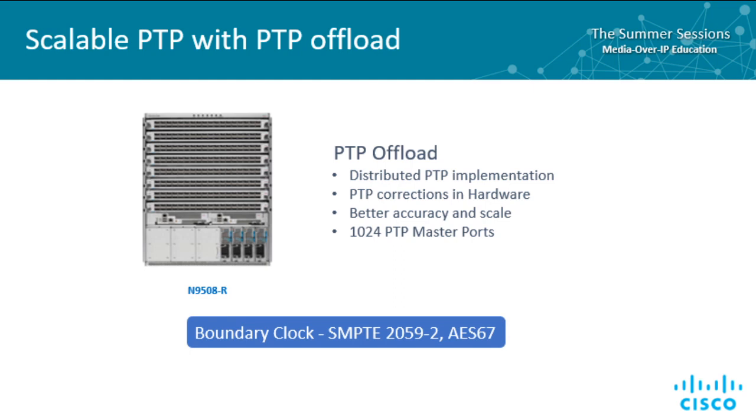So this automatically increased the scale, right? Because the only way you can increase the scale is by going with a distributed architecture. So we don't have a single point that is responsible for talking PTP with every single client that's connected on the chassis. Now, as soon as we did that, we took this PTP process and executed it to run on each and every line card.